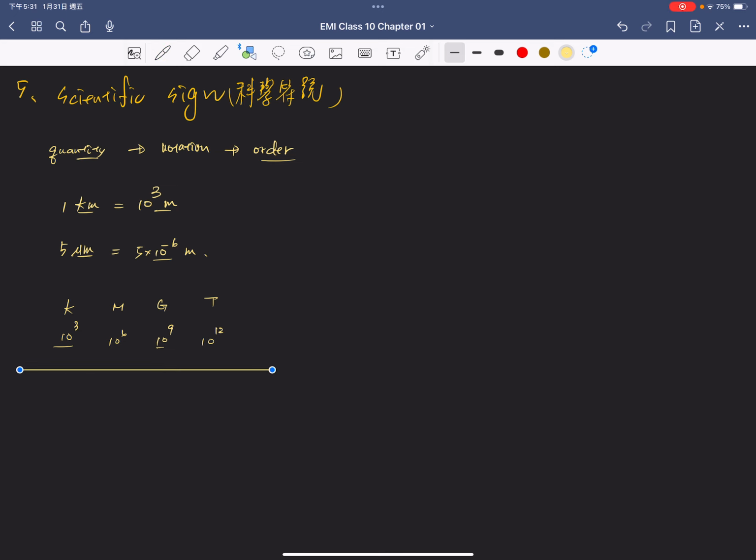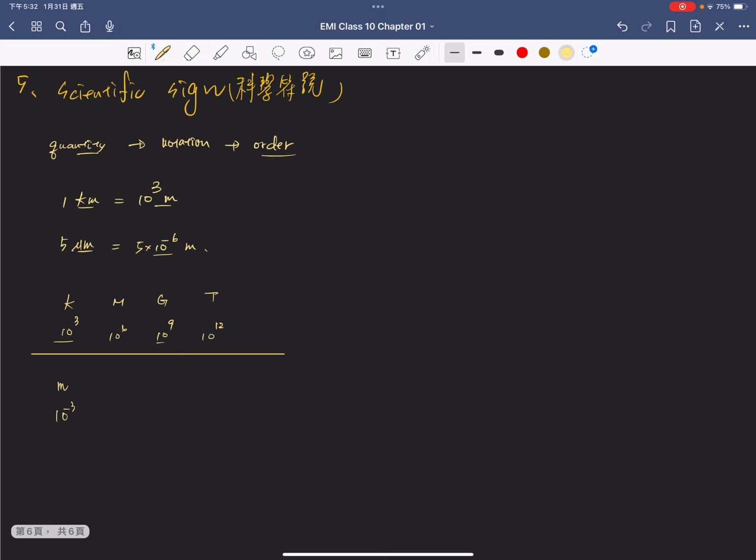And also, if the exponents are negative, we can go back to this one, the millimeters. So this m means 10^-3, and micrometers, this is 10^-6, and this is the nanometers, 10^-9.